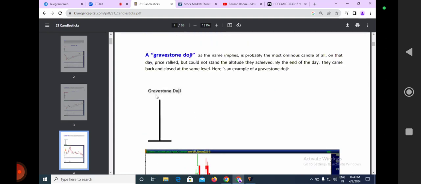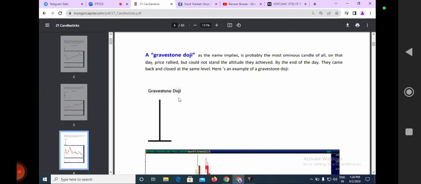Now, this is another type of doji candle, which is called a gravestone doji. As I told you, this name implies it is probably the most ominous candle of all. When the price is rallying but could not stand the altitude they achieved, by the end of the day they come back and close at the same level.